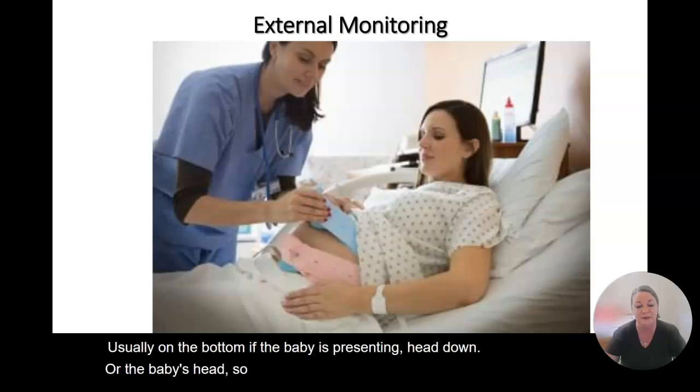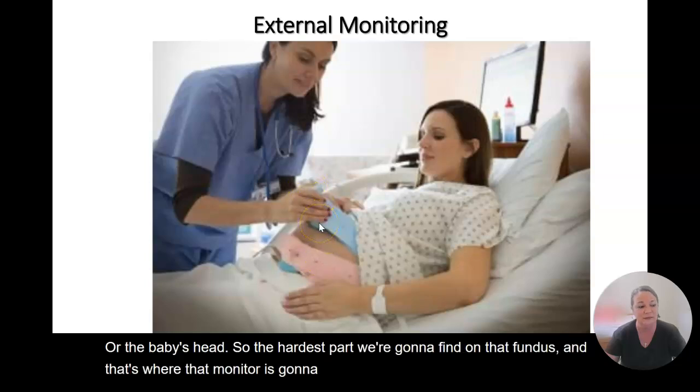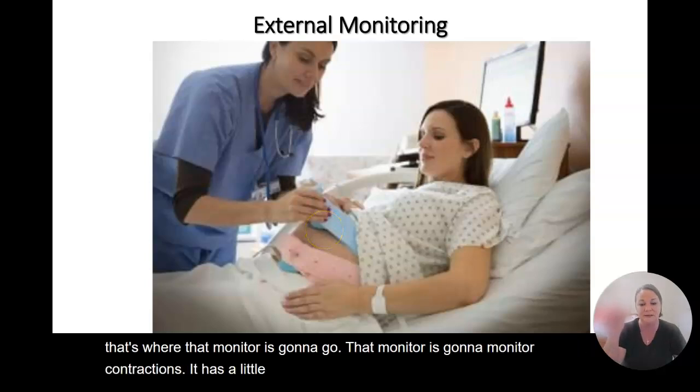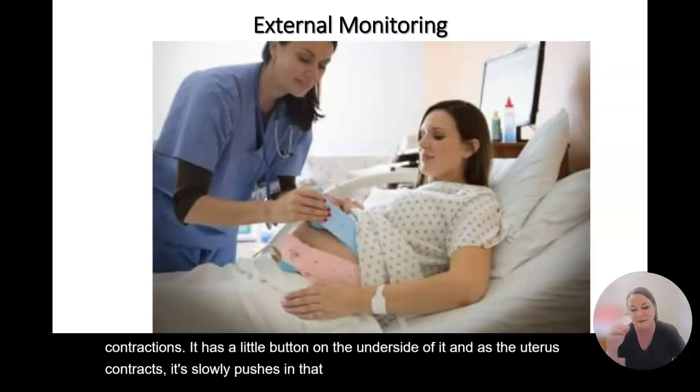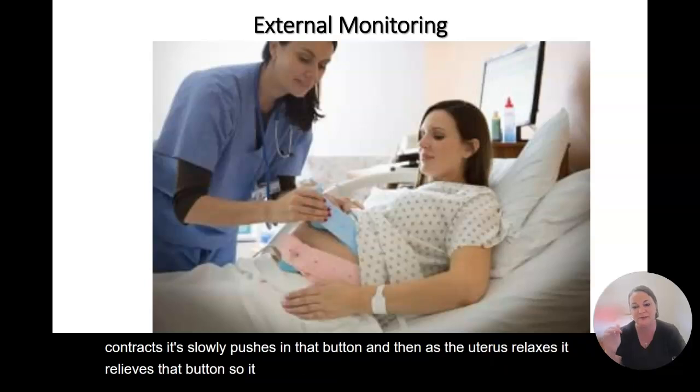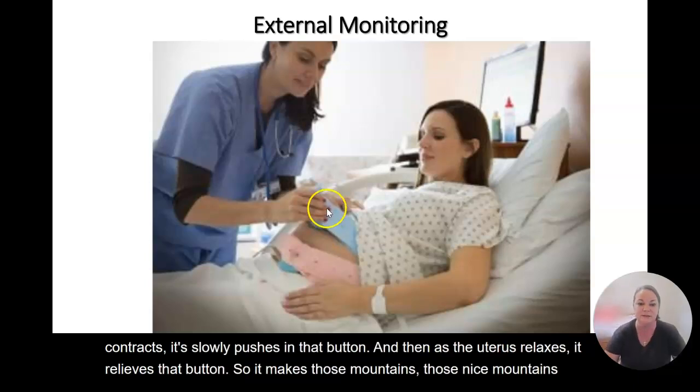So the hardest part we're going to find on that fundus, and that's where that monitor is going to go. Monitor is going to monitor contractions. It has a little button on the underside of it, and as the uterus contracts, it slowly pushes in that button, and then as the uterus relaxes, it relieves that button. So it makes those nice mountains on the monitor for us.